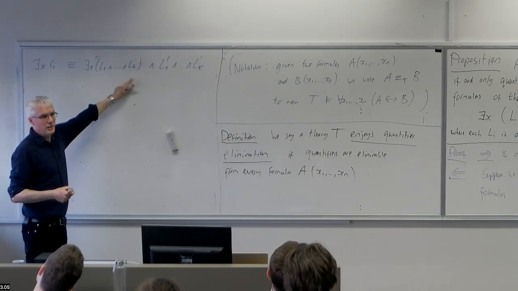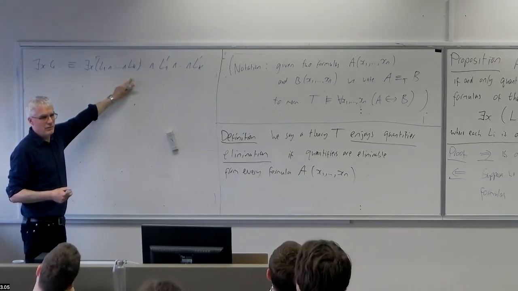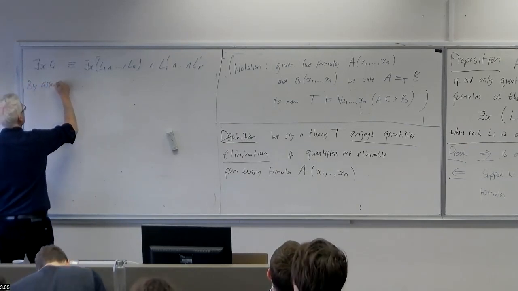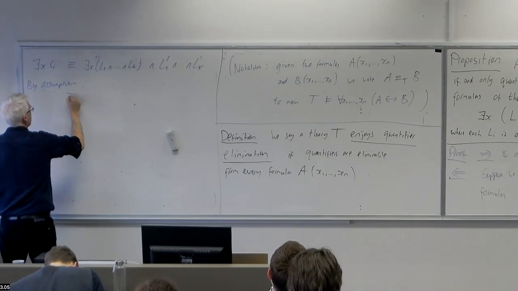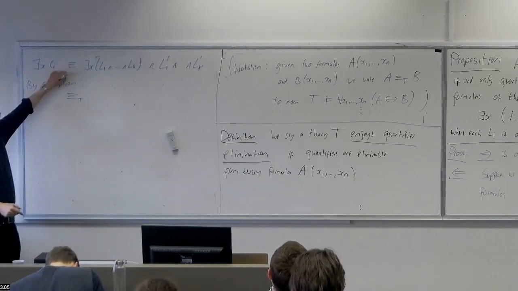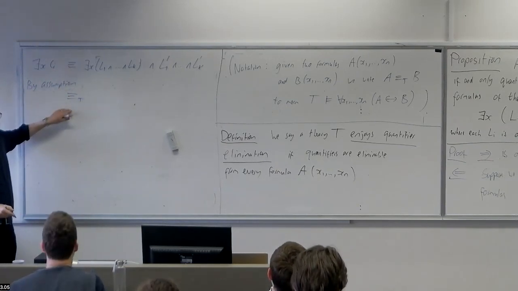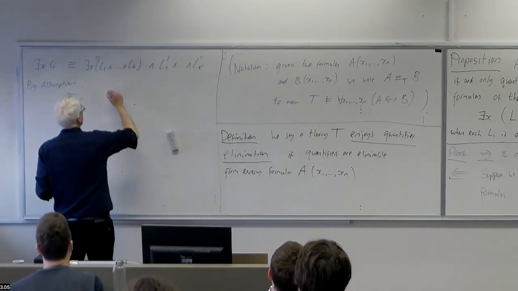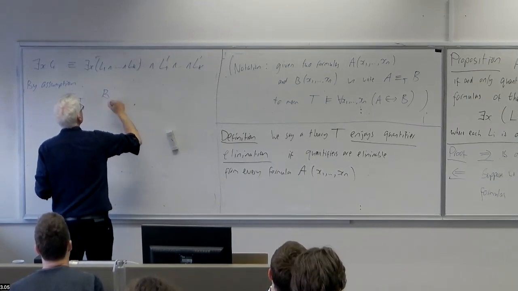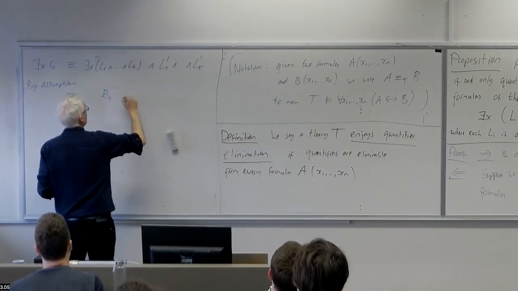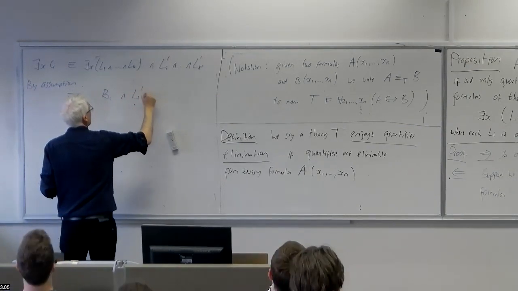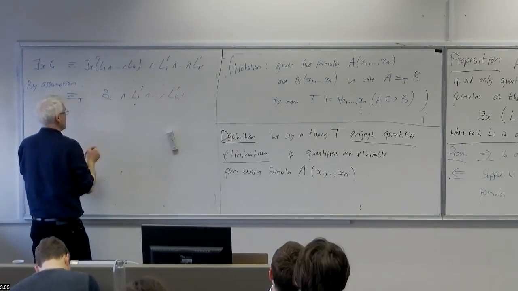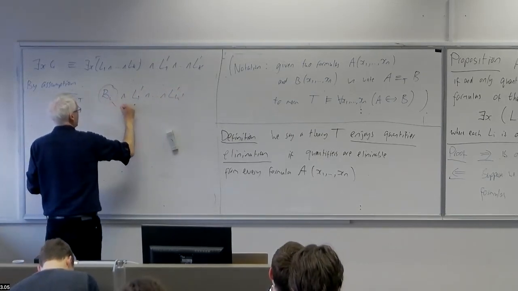So by our assumption, this is equivalent to a quantifier-free formula. Now, for the first time, we're using equivalence in the theory T rather than just logical equivalence. This is equivalent to some Bi, and L'1 and ... and L'K', where Bi is quantifier free.